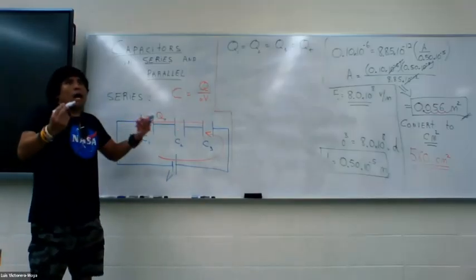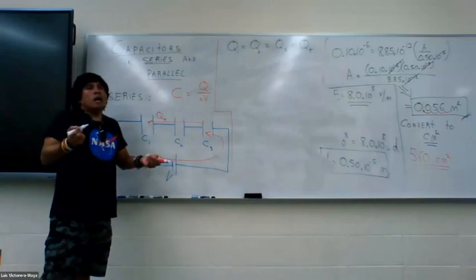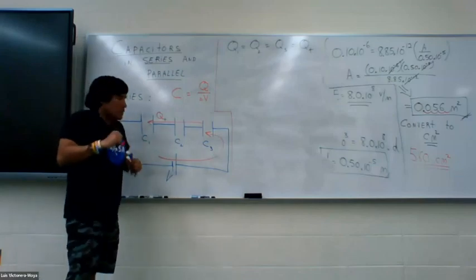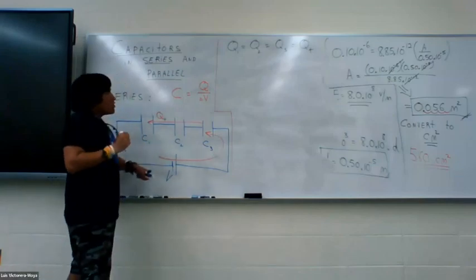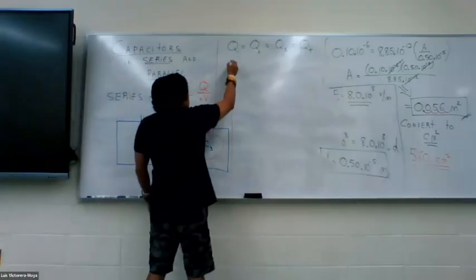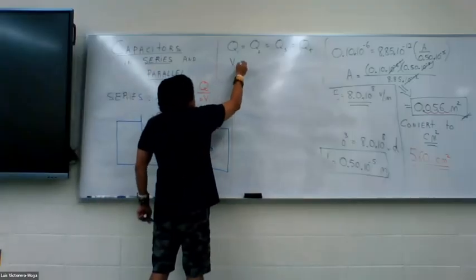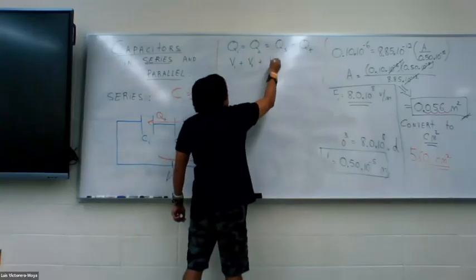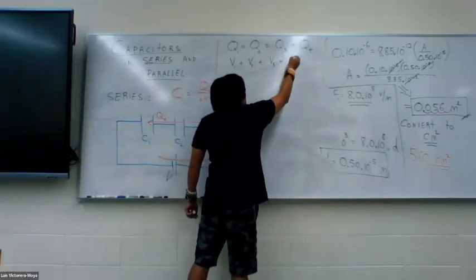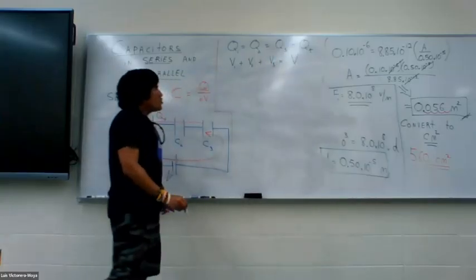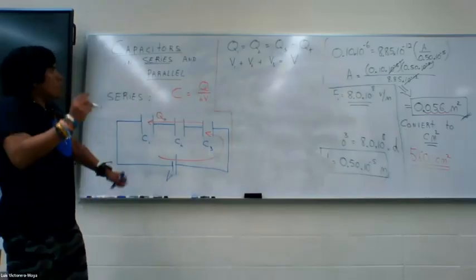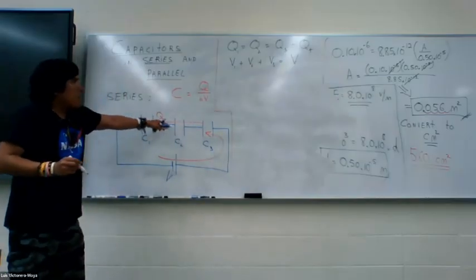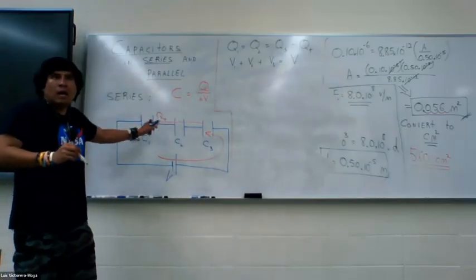So what happens with the voltage, however? By conservation of energy, the voltage on 1 plus the voltage on 2 plus the voltage on 3 is the overall voltage supply. So the voltage is split among each capacitor.